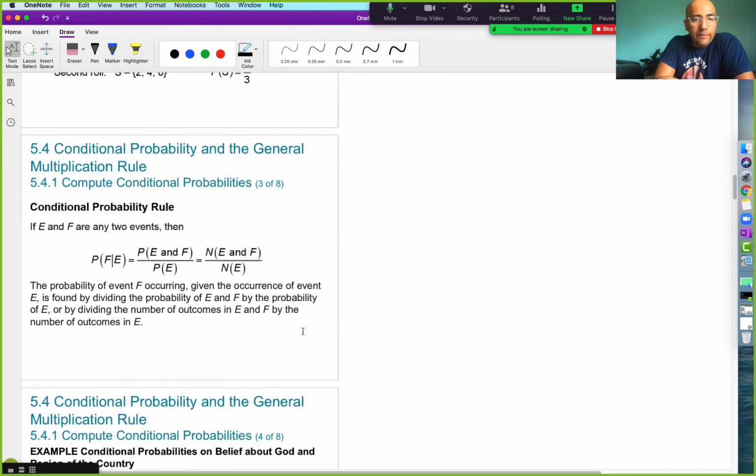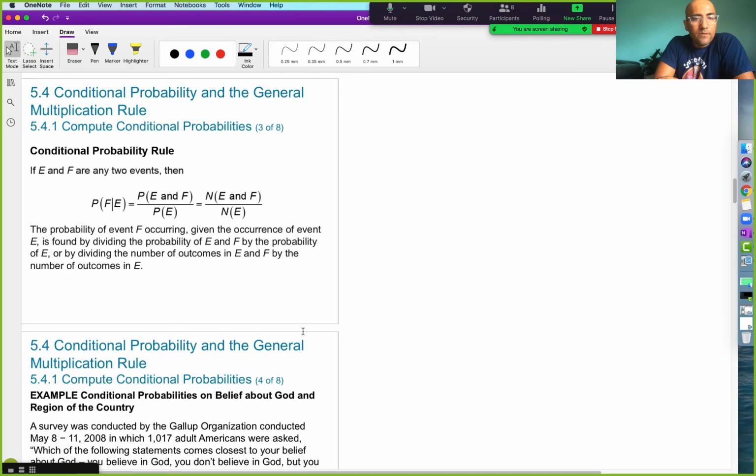Good. Okay, so here is the notation that we want to adopt and a formula for it.